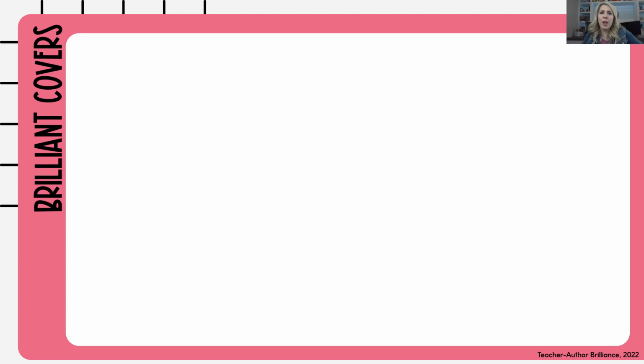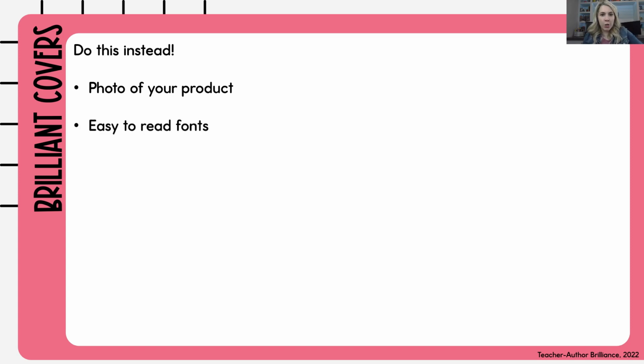Now, how can we avoid those covers and create brilliant ones? I want you to make sure you have a photo of your product. And if it's digital, then think of a way to showcase that digital product on the cover. Use easy to read fonts. Use your brand colors. Use large writing. And make it square.